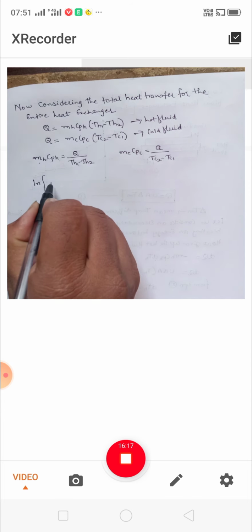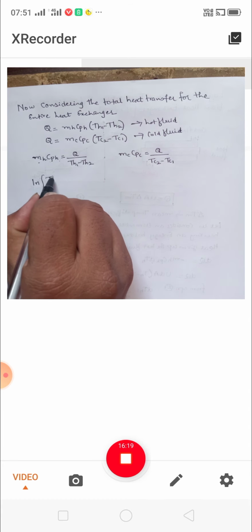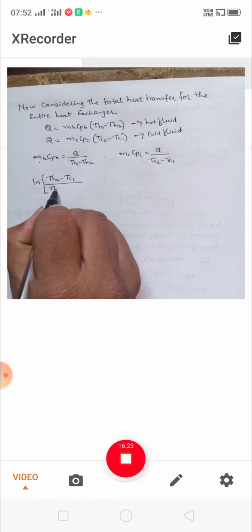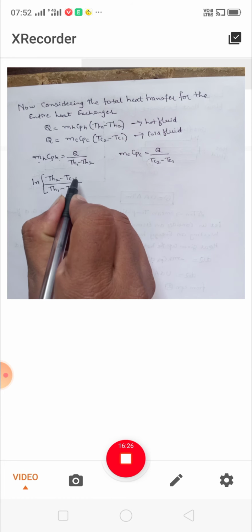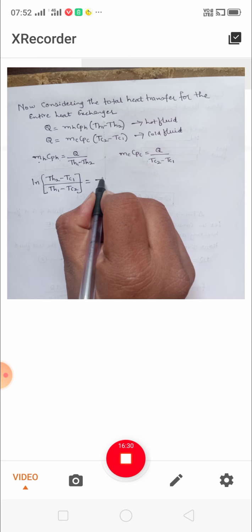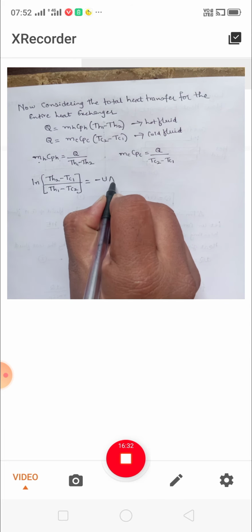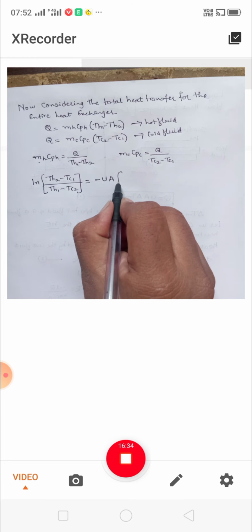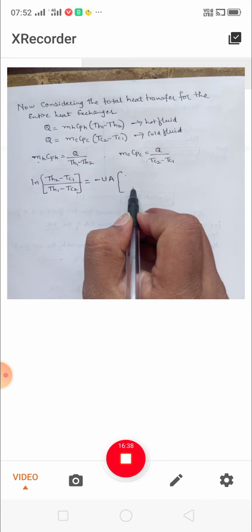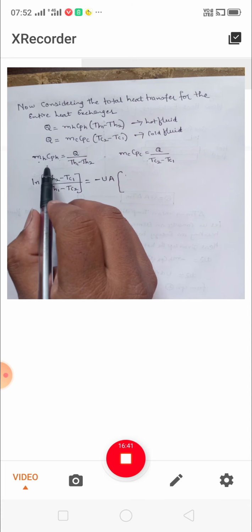Log of Th2 minus Tc1 divided by Th1 minus Tc2 will be equal to minus U into A, and there it is, 1 divided by mH into Cph.